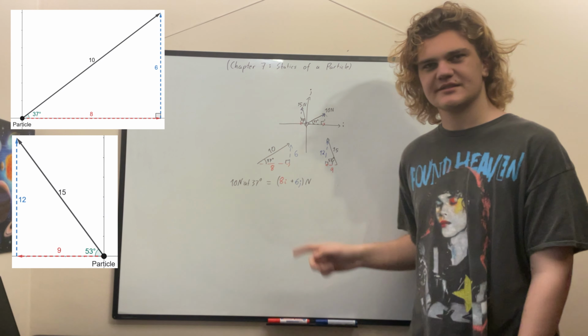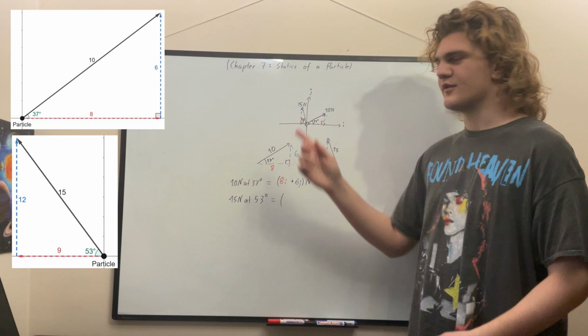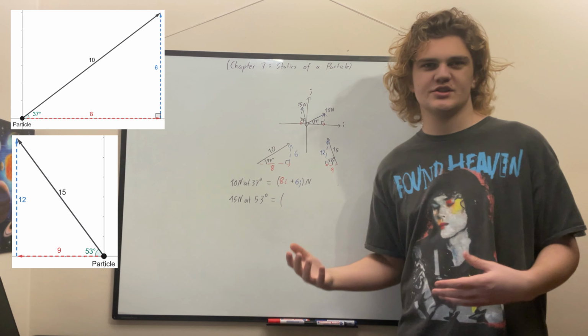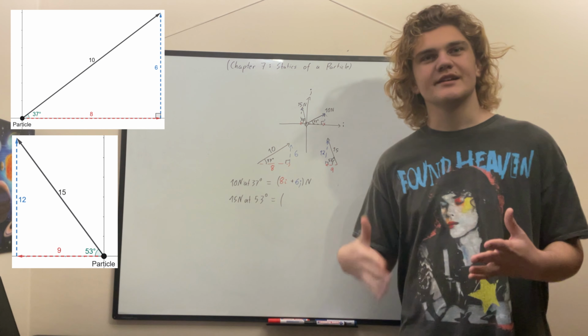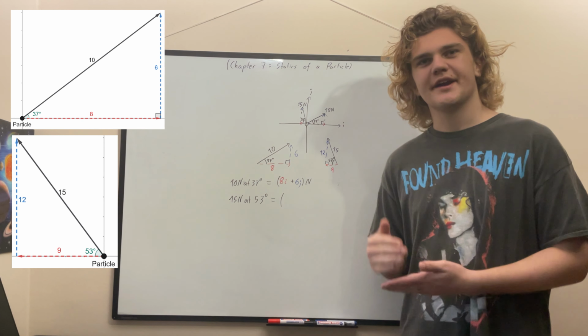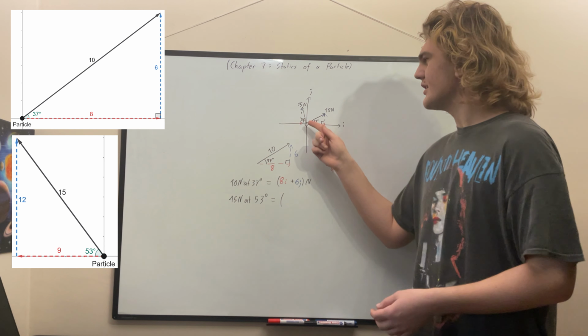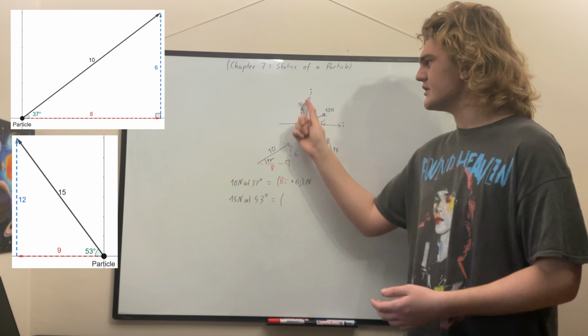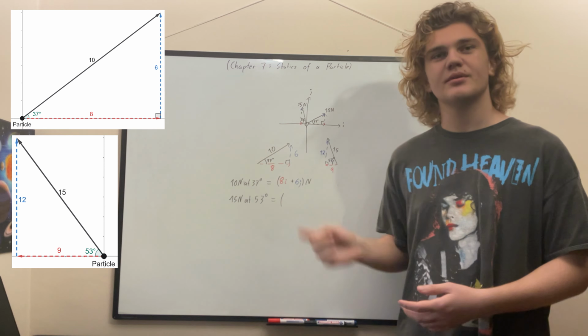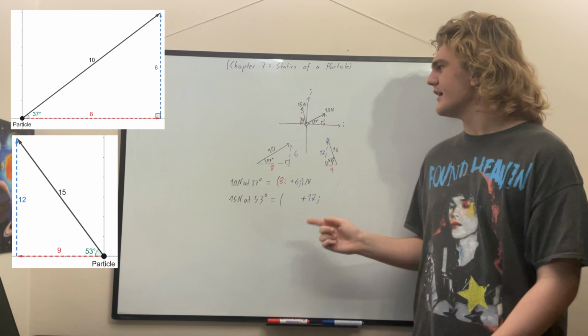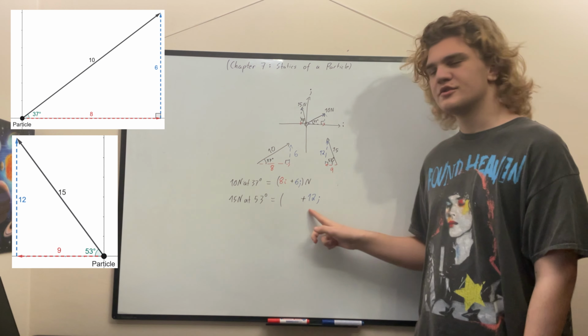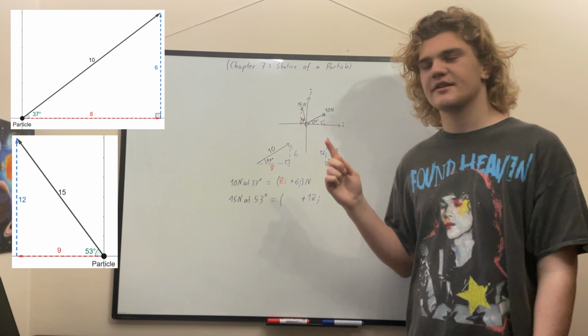That's all this means. We can also write the other force of 15 newtons in IJ notation. But just like a graph of x and y, and like we said, vectors care about the direction. So because we have this j component that's going up, we're going to say that up is positive. So we're going to have a vertical component of 12j, which is in the positive direction.